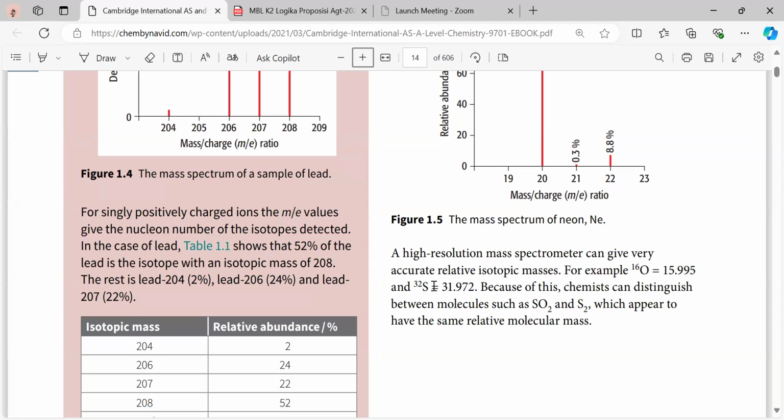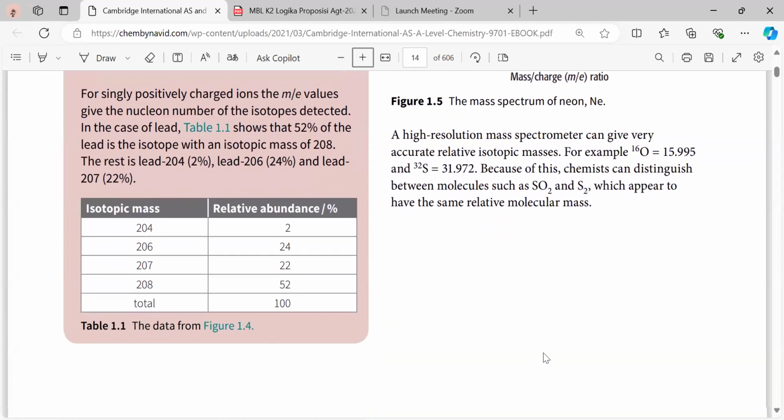Okay, so this is sulfur with proton 32, and then the mass would be 31.972. Okay, so sorry about that. It's kind of different from the book that I have right here, but it's about the same. So because of this, chemists can distinguish between molecules such as SO2 and S2, which appear to have the same relative molecular mass.